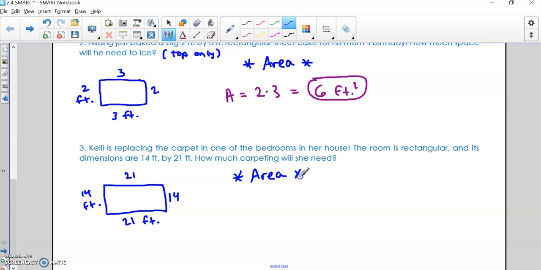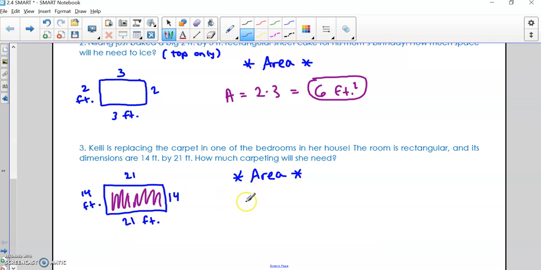Notice how every problem I am first starting by deciding which one, because that's going to decide which kind of calculation I do, right? Calculating the length of the edge around the room is not going to really help me much with deciding how much carpeting I'm going to need to fill the space in.